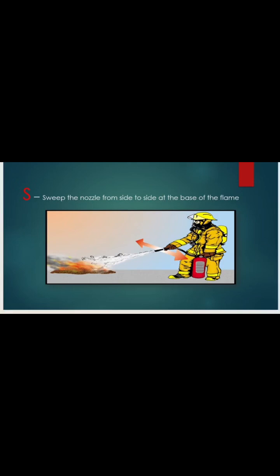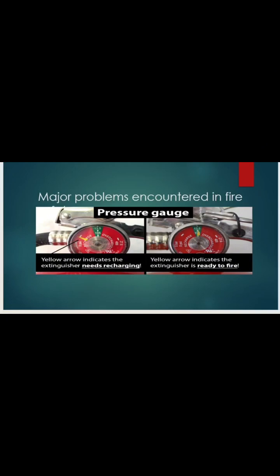So what is required in fire extinguishers? You can see so many fire extinguishers, but what is the most important thing in a fire extinguisher? If these things are not in place, you are using something which has no pressure.